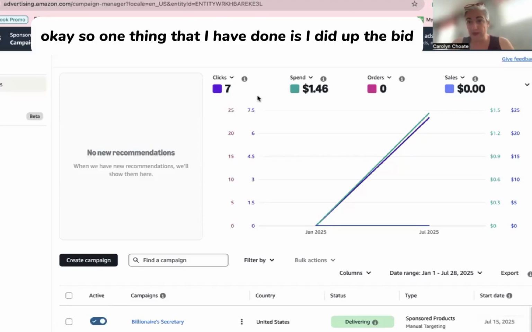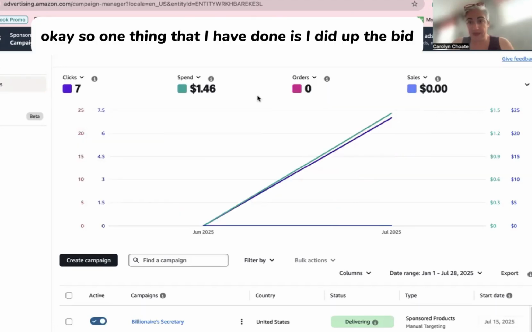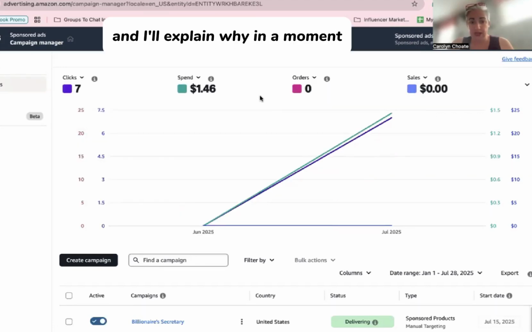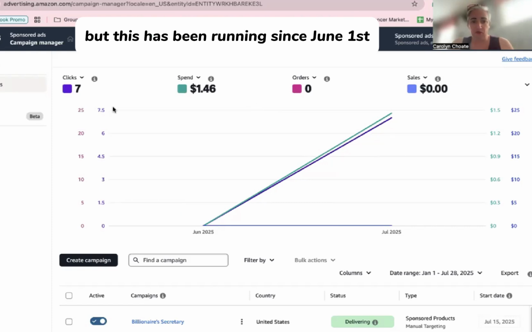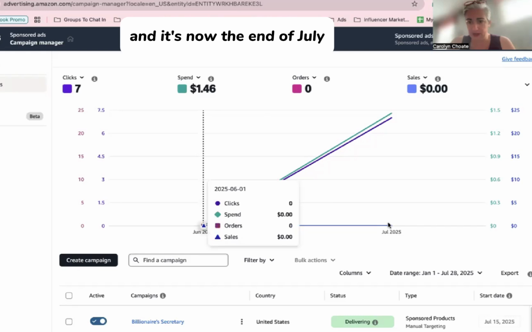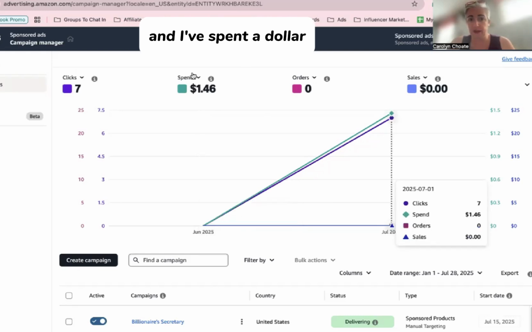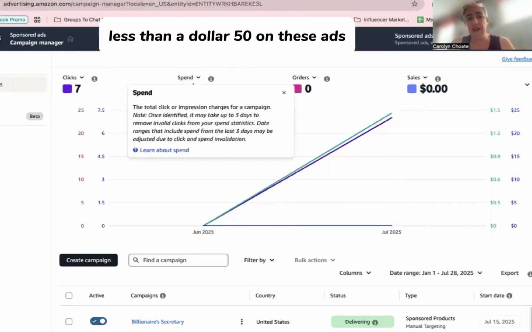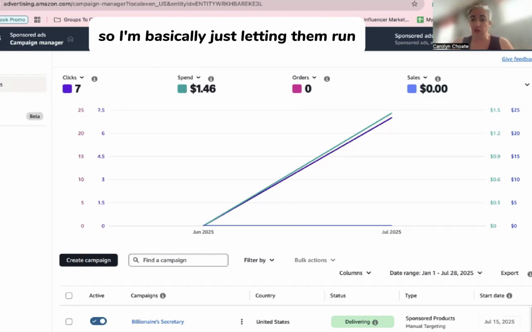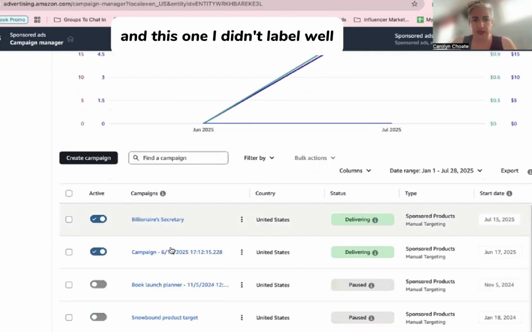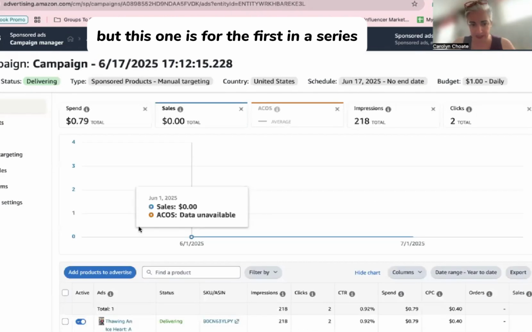Okay, so one thing that I have done is I did up the bid, and I'll explain why in a moment. But this has been running since June 1st, and it's now the end of July, and I've spent less than $1.50 on these ads. So I'm basically just letting them run. And this one I didn't label well, but this one is for the first in a series.